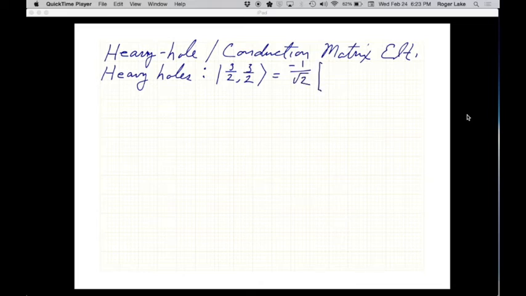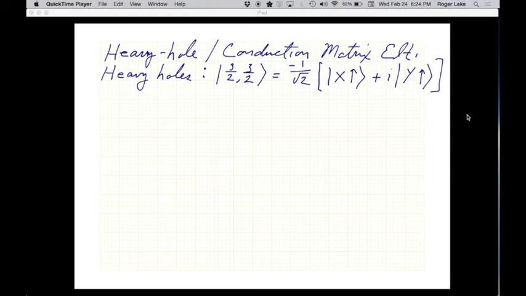And now I'm going to start mixing this K dot P notation with what we did before. So X up plus I Y up.